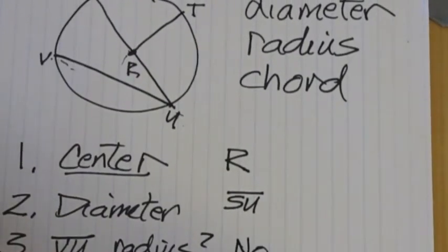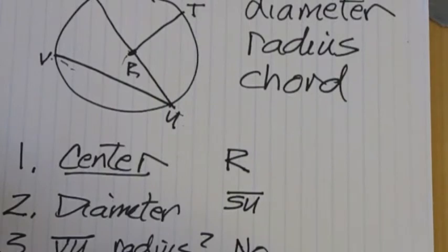Question 4 is, if SU is 16.2 centimeters, what is RT? So the length of SU is 16.2 centimeters. What's the length of RT equal to?